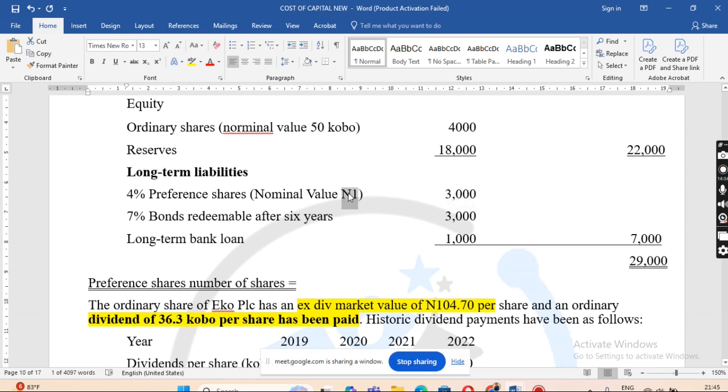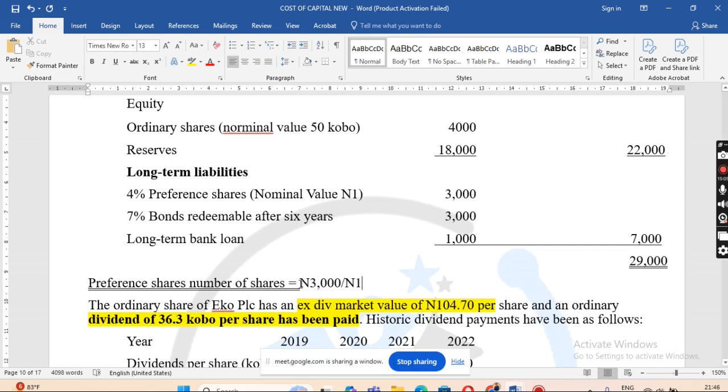You just use your 3,000 given to you, divided by the nominal value, which is 1 naira. You can see that naira cancels naira.